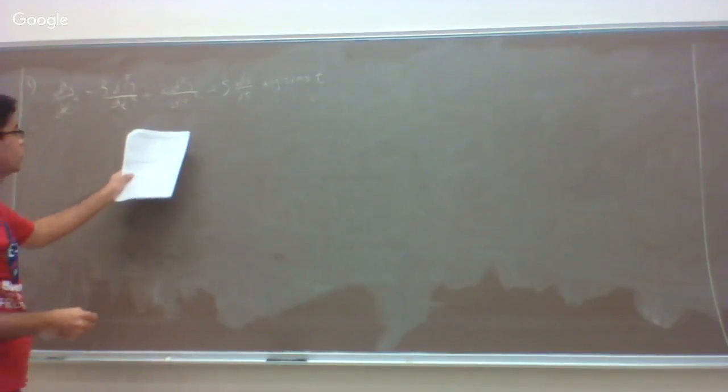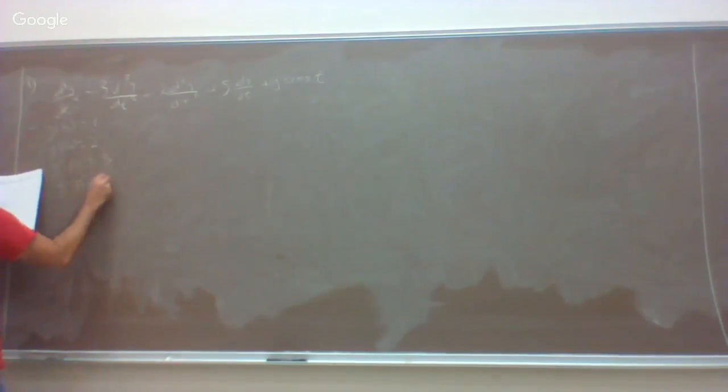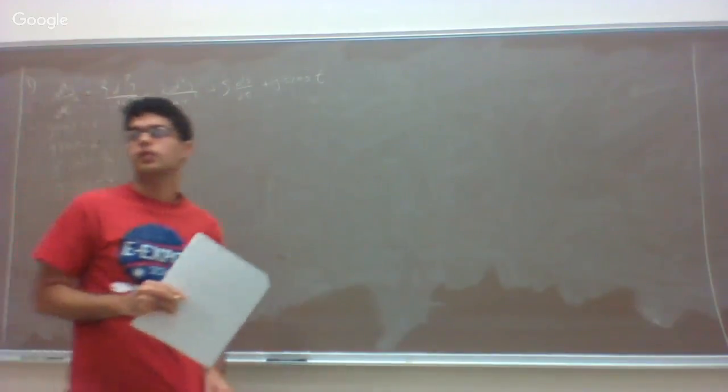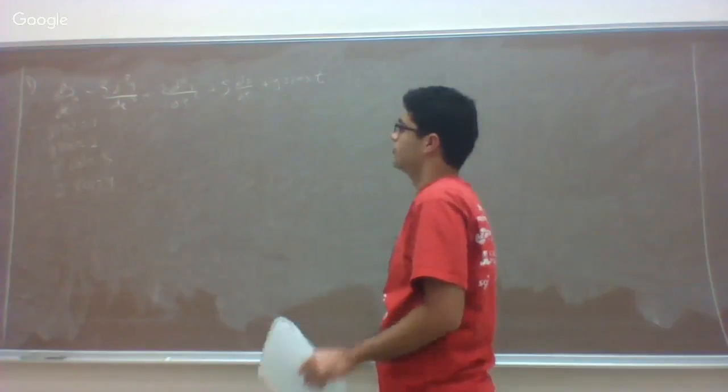Okay, so we are given this equation with some initial conditions: y of 0 is equal to 1, y prime of 0 is equal to 2. Let's start, guys. So we are given this information.